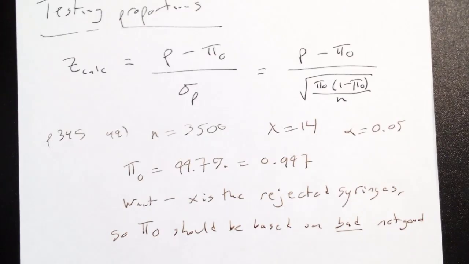If I need 99.7% to be good, what's my maximum threshold for bad?